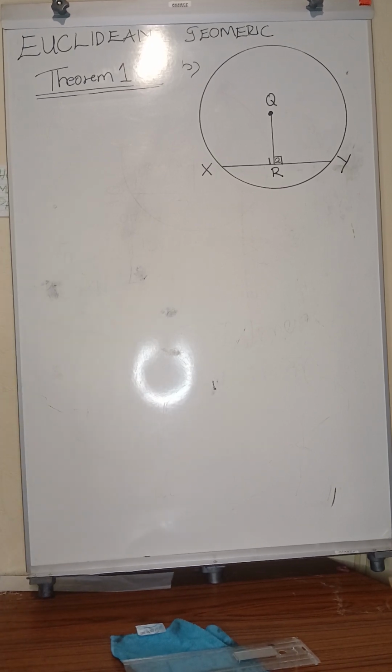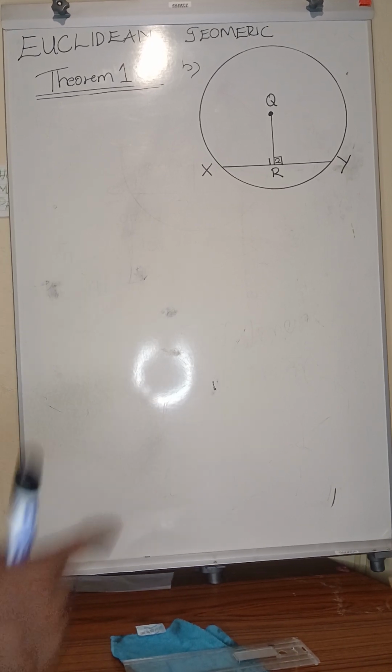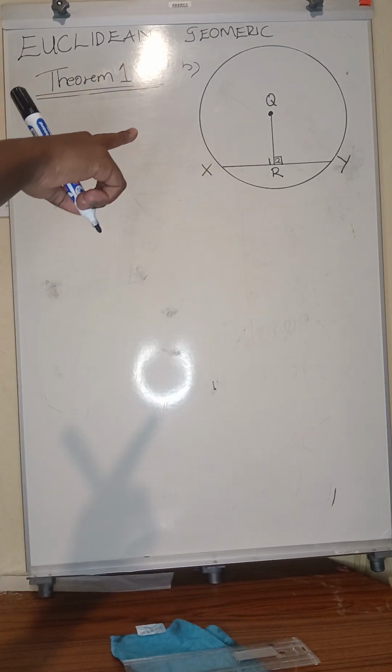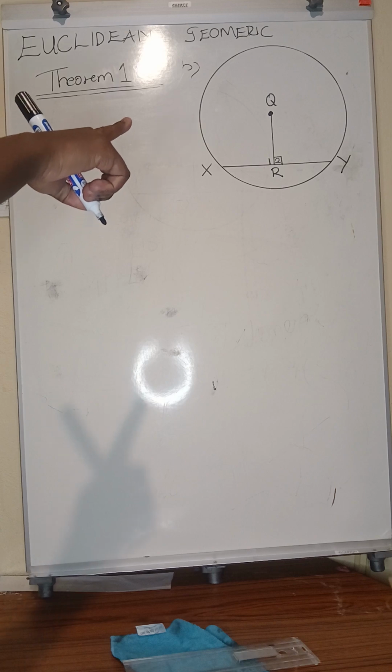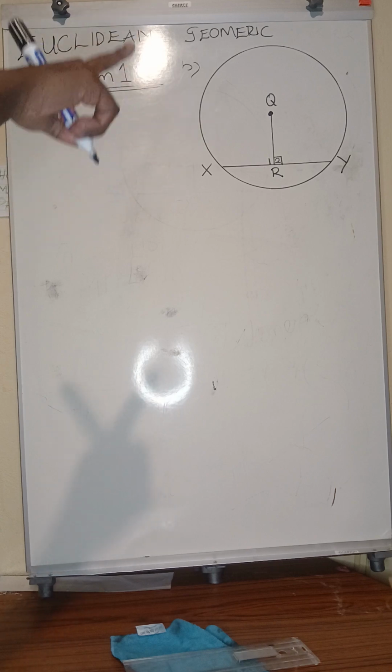This one says a line from the center of the circle perpendicular to the chord bisects the chord. It is the same as that one.